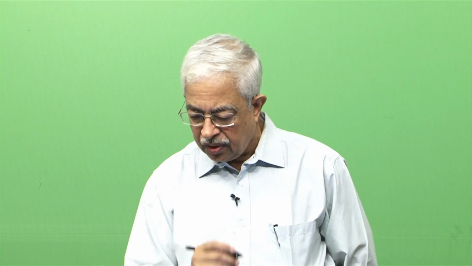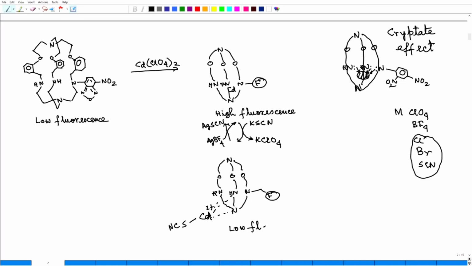Therefore, in presence of perchlorate or BF4, which are non-coordinating, the metal binds strongly here and only weakly here.